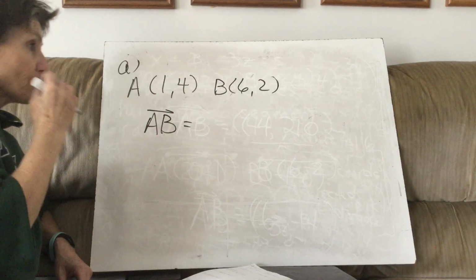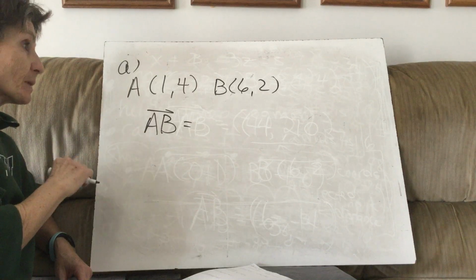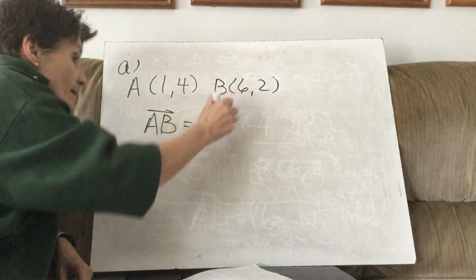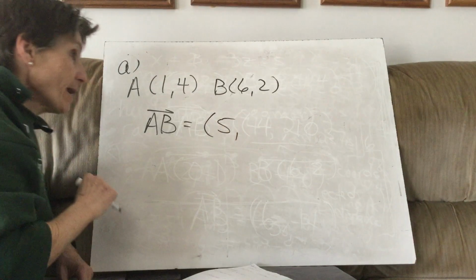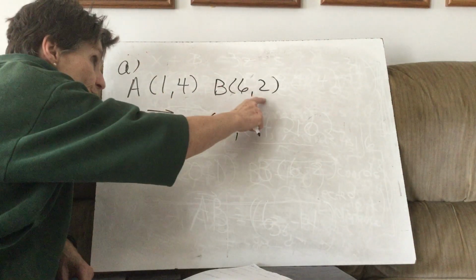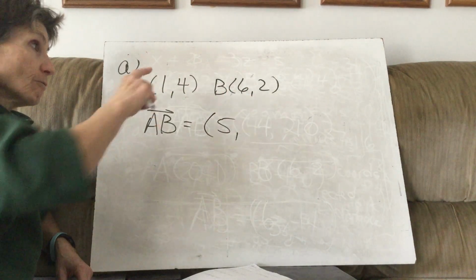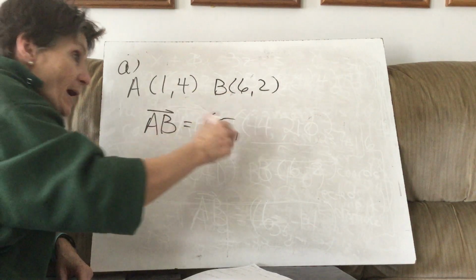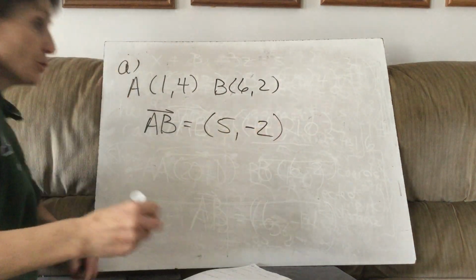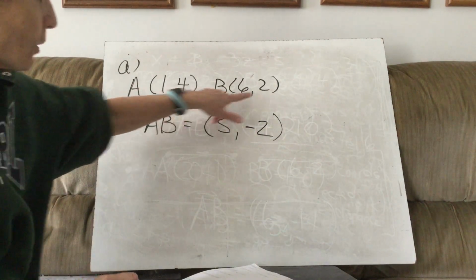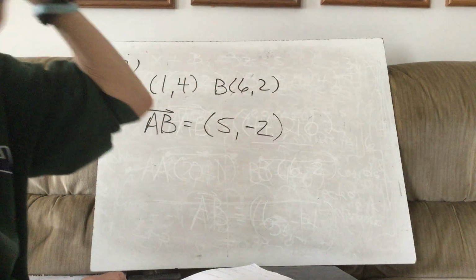Let's find AB. So AB is the vector from 1 to 6, so that would be 5, and 4 to 2. Now be careful, 4 to 2 is going backwards, so that's going to be -2. When you start at 4 and end at 2, that's the equivalent of 2 negative.